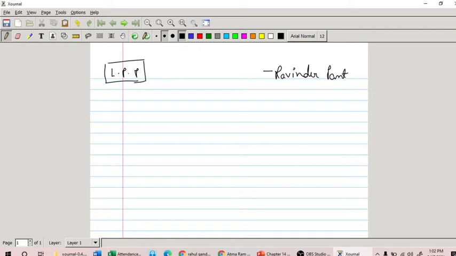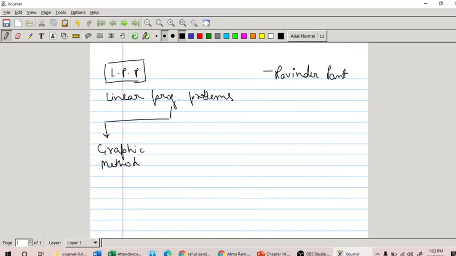In the previous classes we learned about linear programming problems, which can be solved with either the graphic method or the simplex method.